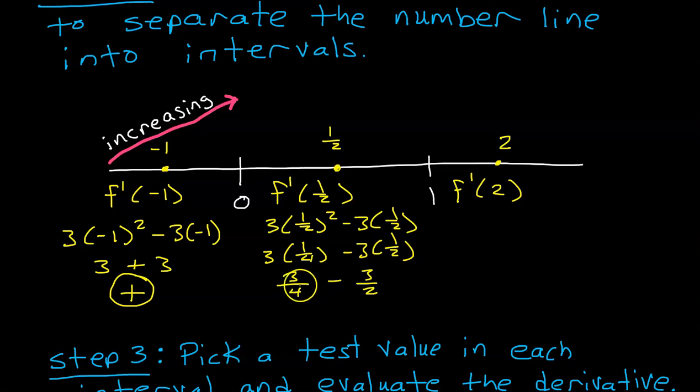All right, 3/4 is smaller than 3/2, right? 3/4 is 0.75. 3/2 is 1.5. So we're subtracting a bigger number from a smaller number. This will definitely give us a negative number. That means the slope in this interval must always be negative, which tells us that this is an interval of decreasing.